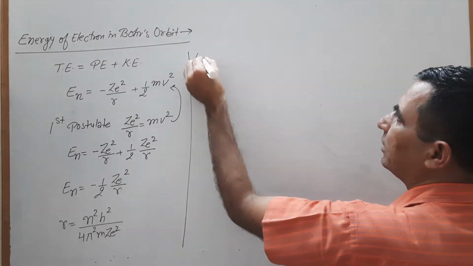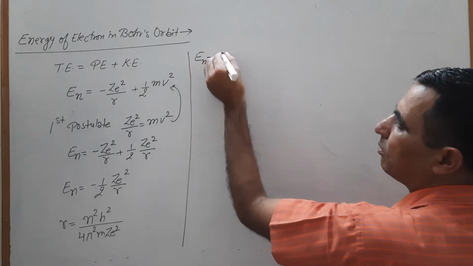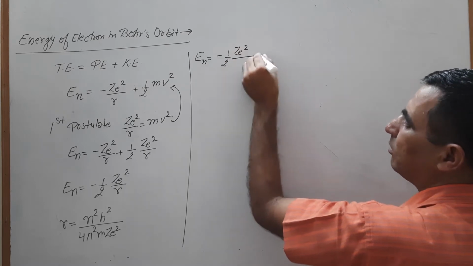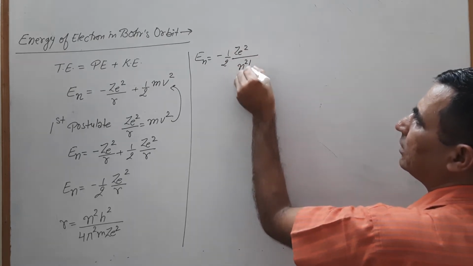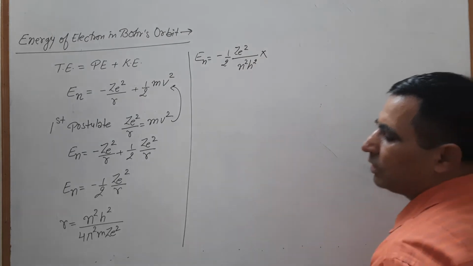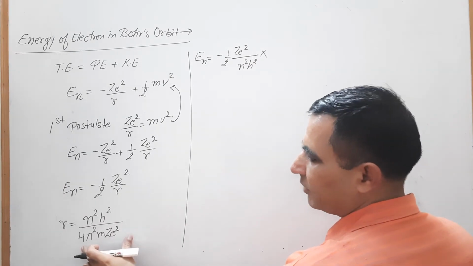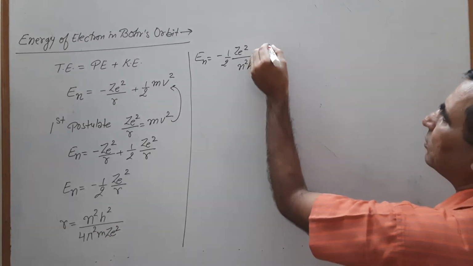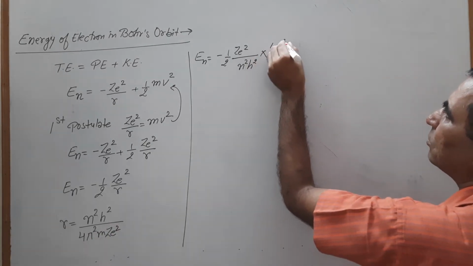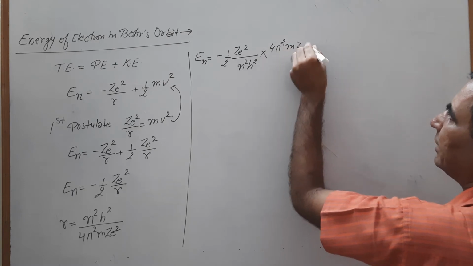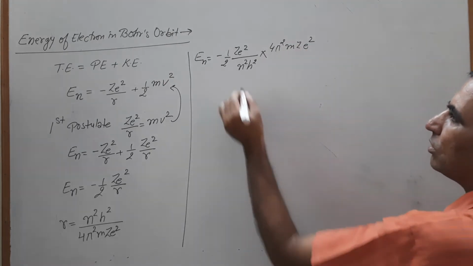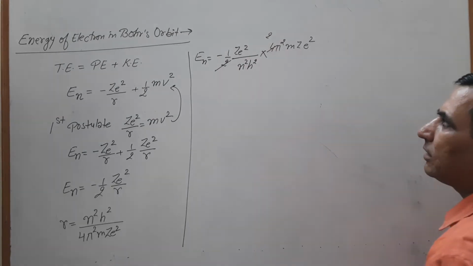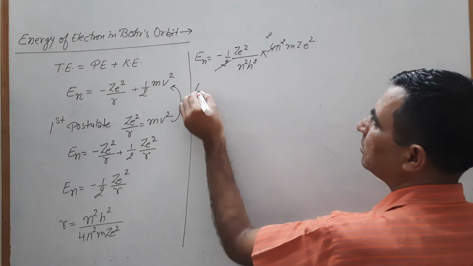Then En is equal to minus half Ze square by n square h square into, since these are present in divided form, when we substitute here they come in multiplier form, 4 pi square m z e square. Now look, this 2 cancels with this 4 two times, and the other quantities are not cancelable.